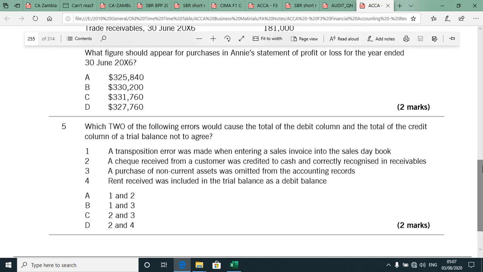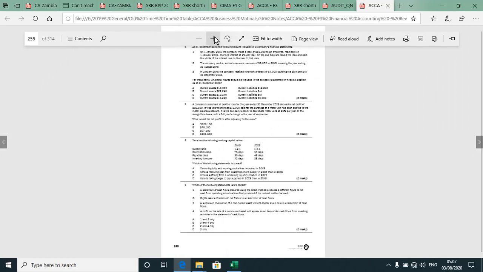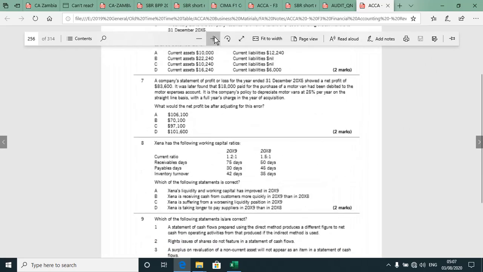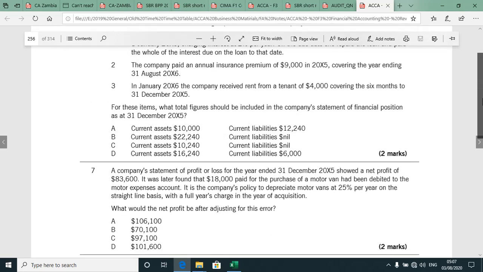So I'd like to go for the options 2 and 4. In 2 there's double credit, and then in 4 there is also double debit. So D is the option that we go for there. Allow me to go to the next set of questions, and where there's no theory, we may tend to calculations.